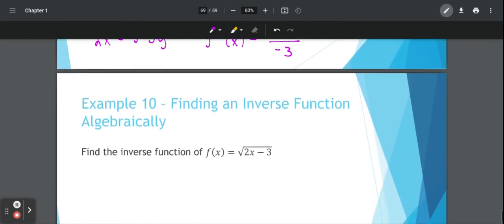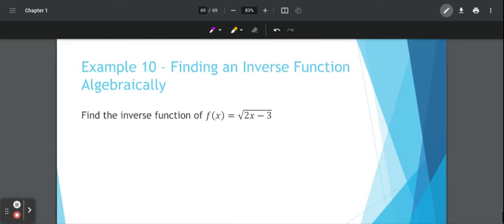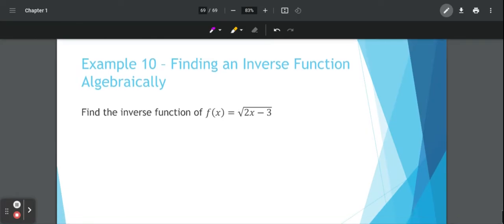And then this last example is a little bit trickier because we have a square root. So the first thing that I would think about here is the domain. The domain for this, if we were to solve, is going to be reals greater than or equal to 3/2, and your range would be reals greater than or equal to 0.